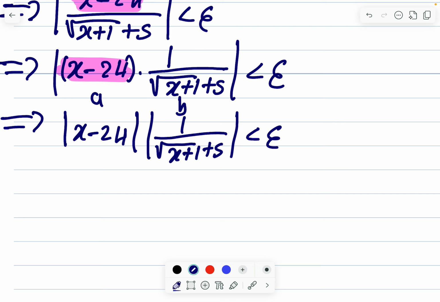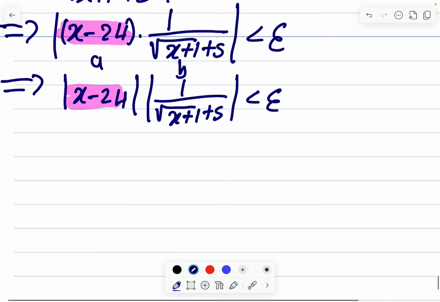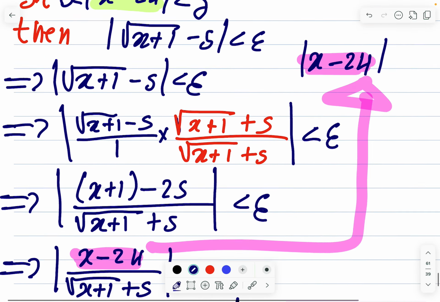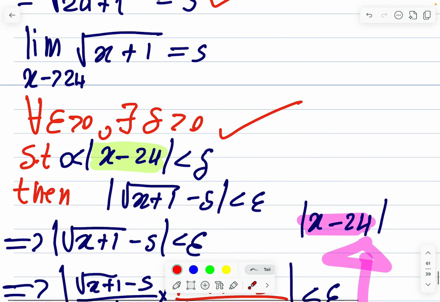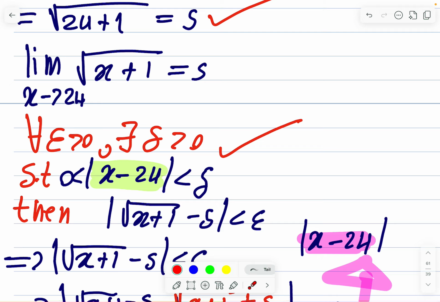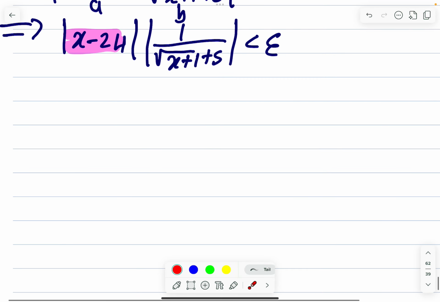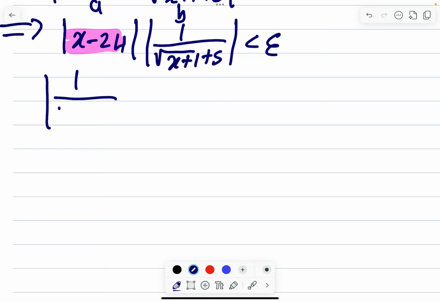Since I want this as my goal, I have this problem here. But I'm going to fix it. I'm going to check what's happening when we're approaching this number from both sides. So now this is your function, 1 over square root of x plus 1 plus 5.